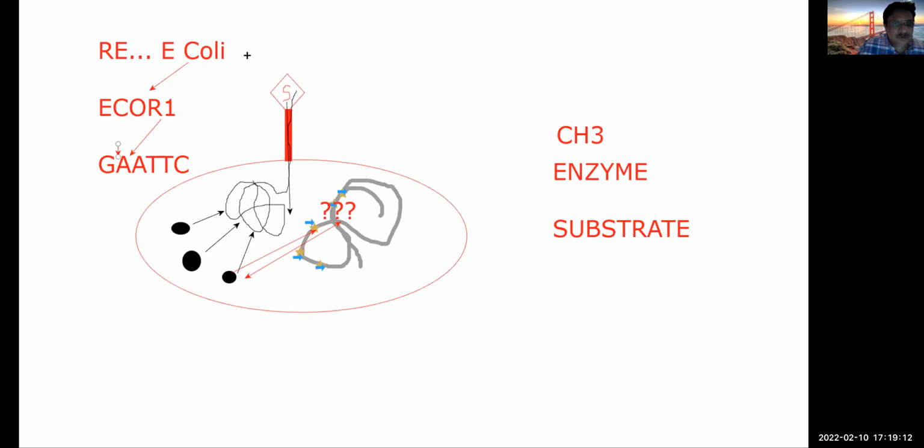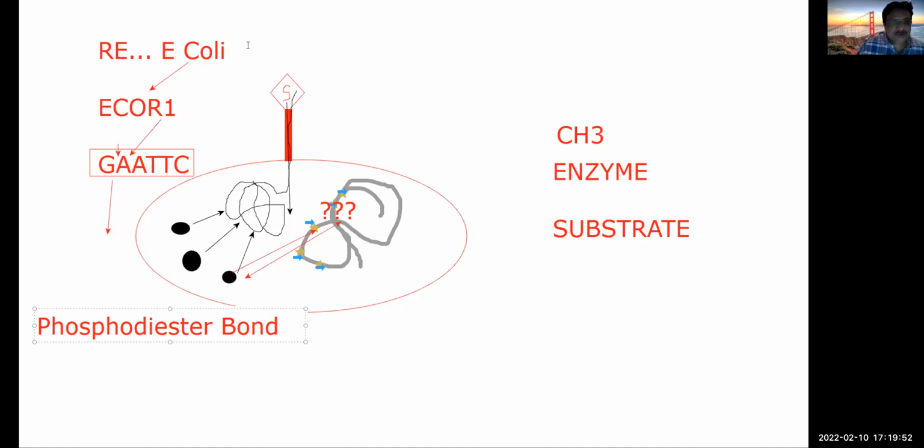So the restriction enzyme EcoR1 will need this sequence of nucleotides for it to act, right? And what do I mean by act? Meaning that at this point, the DNA will break into two. And these enzymes specifically act at the phosphodiester bond. So the phosphodiester bond between the G and A here will be cleaved.